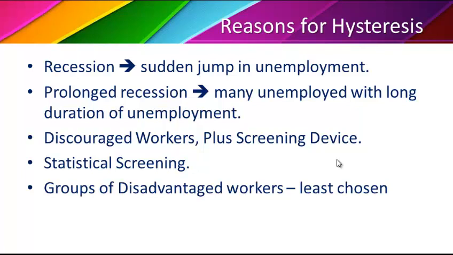Another way is to look at experience. Somebody who has had working experience, we consider more reliable. So if somebody has no work experience over the past year, he gets screened. It's just a way to reduce the size of the candidates before evaluating them.